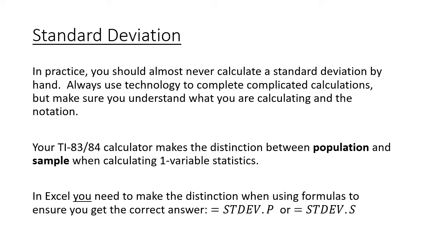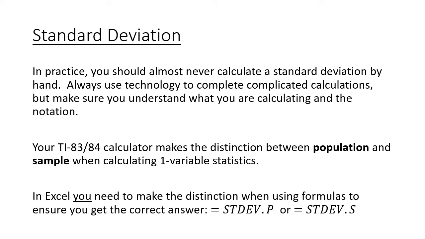And when you're calculating one variable statistics, and I'm going to send you a separate handout with instructions on how to do that, it's going to give you a giant list. It'll give you the population standard deviation and the sample standard deviation in the same list, and you just look at that notation to figure out which one you need. If you're using Microsoft Excel, again, you're typing these formulas in. You need to be very explicit about what it is you're doing.